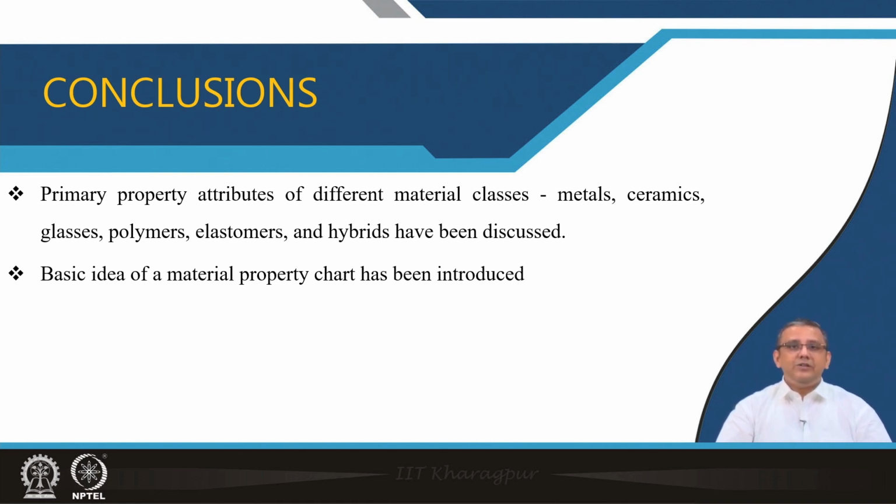In this lecture we discussed the primary property attributes of different material classes like metals, ceramics, glasses, polymers, elastomers, and we also discussed how the concept of hybrid material development should be exploited to choose the best properties from different materials.